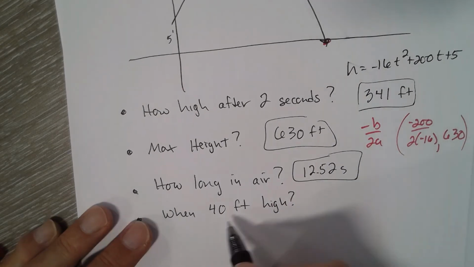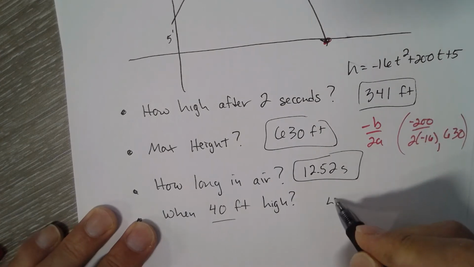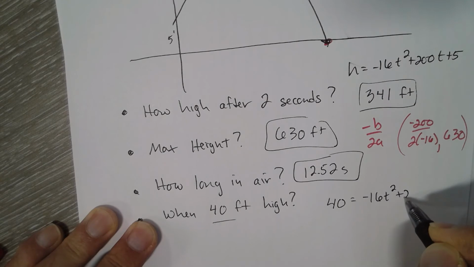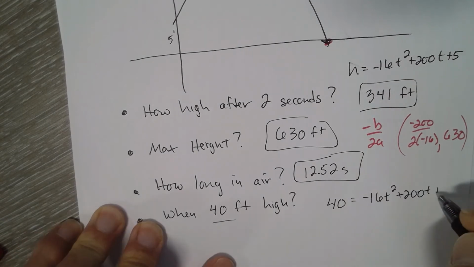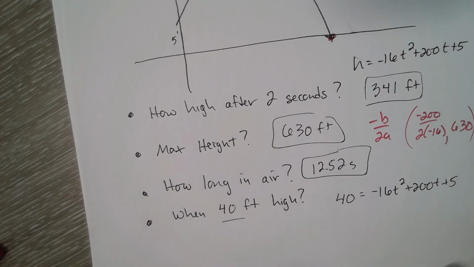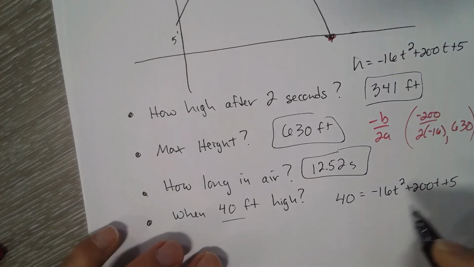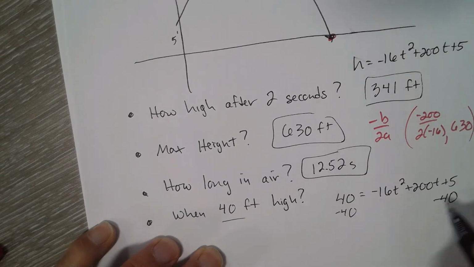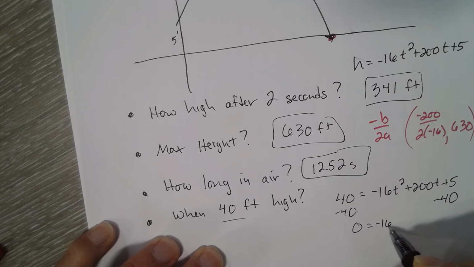Okay, so we're going to put 40 in for h. So 40 equals negative 16t squared plus 200t plus 5. And now we can solve that equation. Okay, so we can subtract 40 and we get a new equation that we can solve by graphing on our calculators.